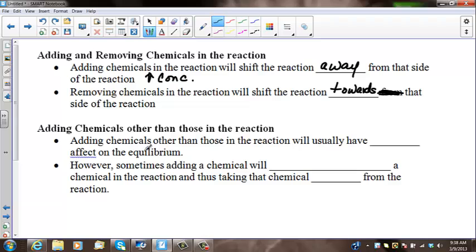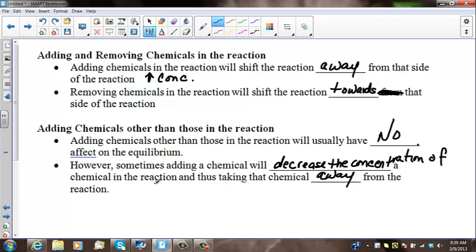What if I add chemicals other than those that are in the reaction? Well, normally adding chemicals that aren't in the reaction will have no effect on the equilibrium. However, there are some occasions when adding a chemical will decrease the concentration of a chemical in the reaction, thus taking that chemical away from the reaction.